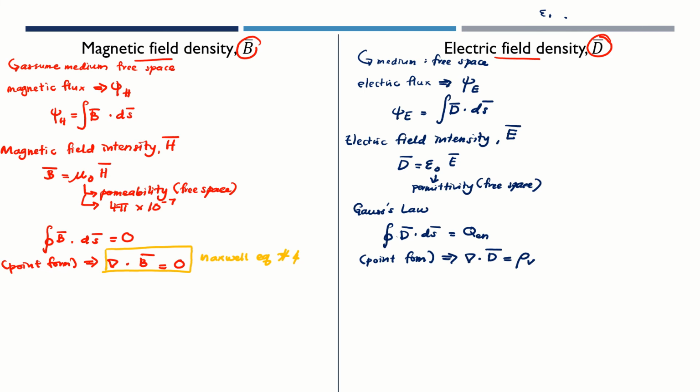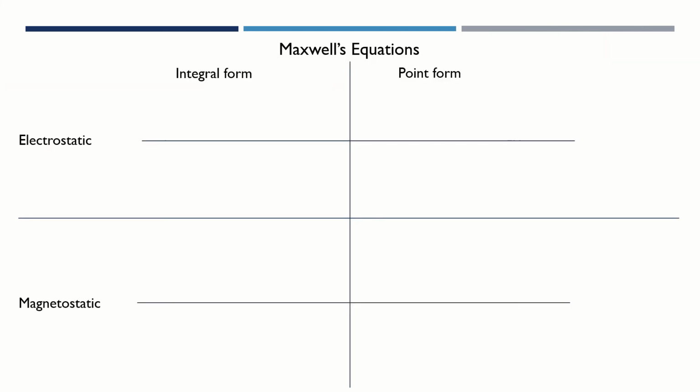Okay, let's look at what the equations are. This is the summary of Maxwell equations. For example, for the electrostatic field, I have divided here into integral form and point form.